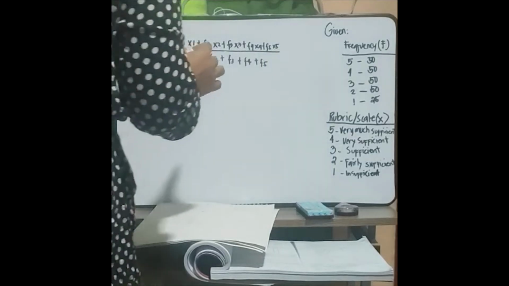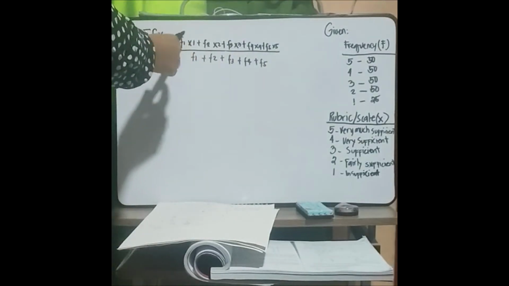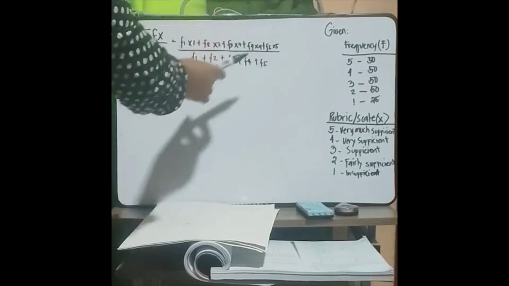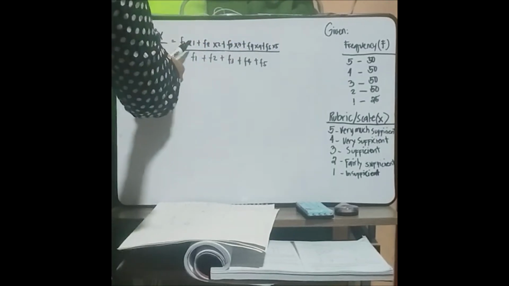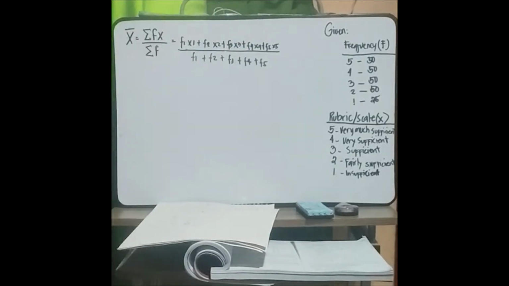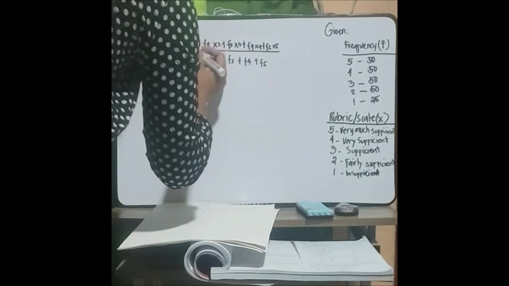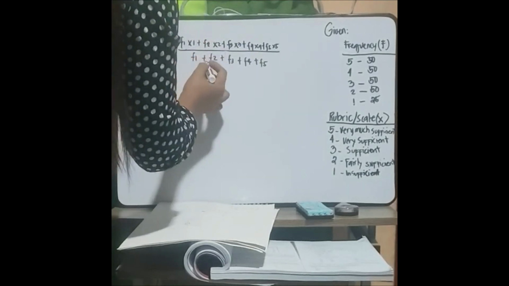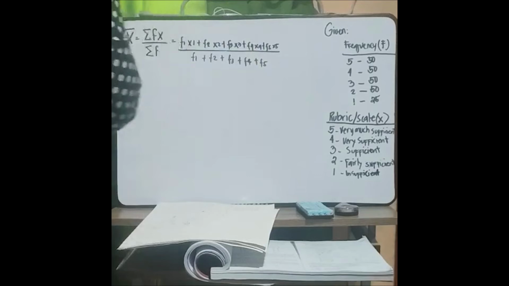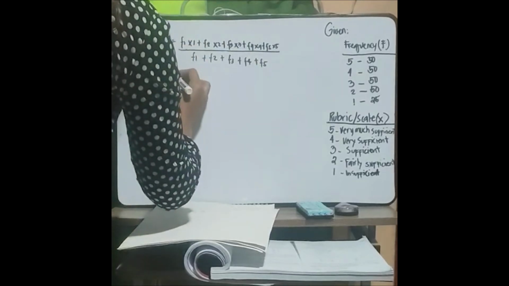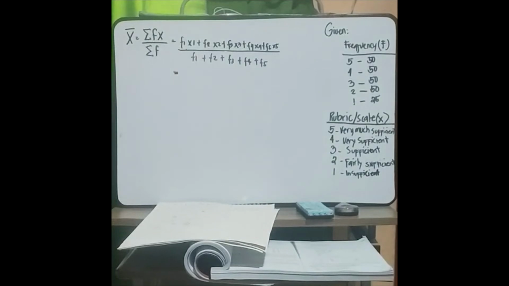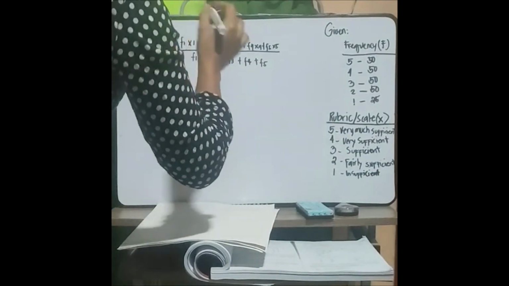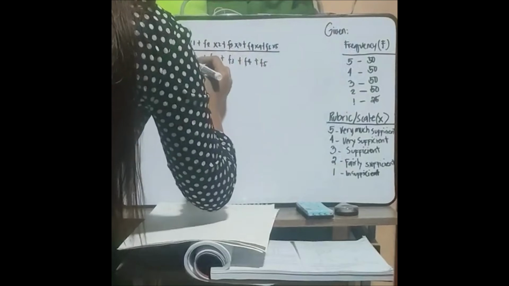So again, the f sub 1 and so on and so forth stand for our frequency, and also the x sub 1 and so on stand for our weight. Alright, so over the frequency, which is f sub 1, sub 2, sub 3, sub 4, and sub 5, what we're going to do is to add all the frequencies. Alright, so we have 50.